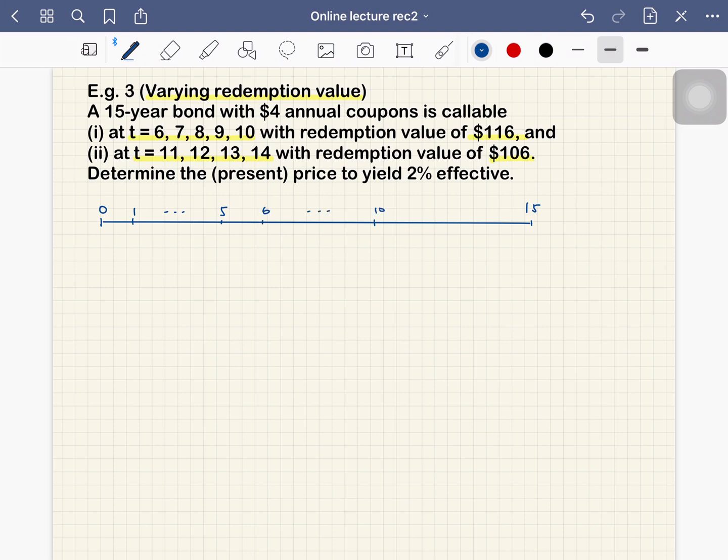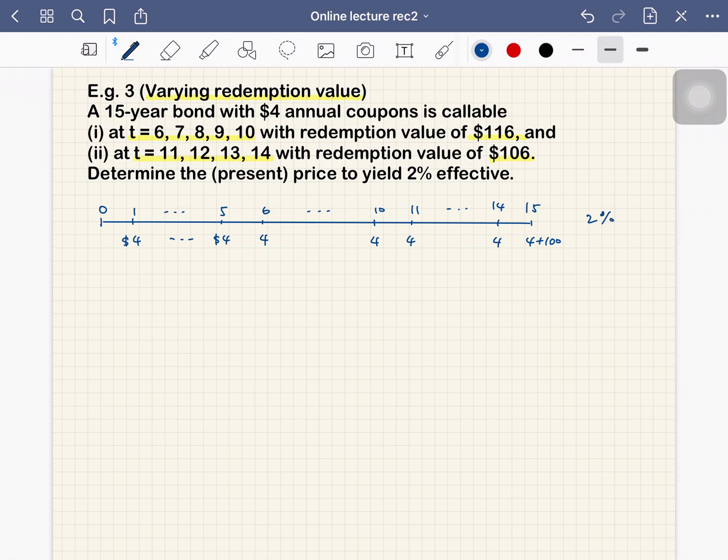At 6 to 10, the bond can be redeemed at 116, and at 11 to 14, redeemed at 106. So the cash flow is $4 each year, and finally you have 4 plus 100. And the yield rate is 2%.